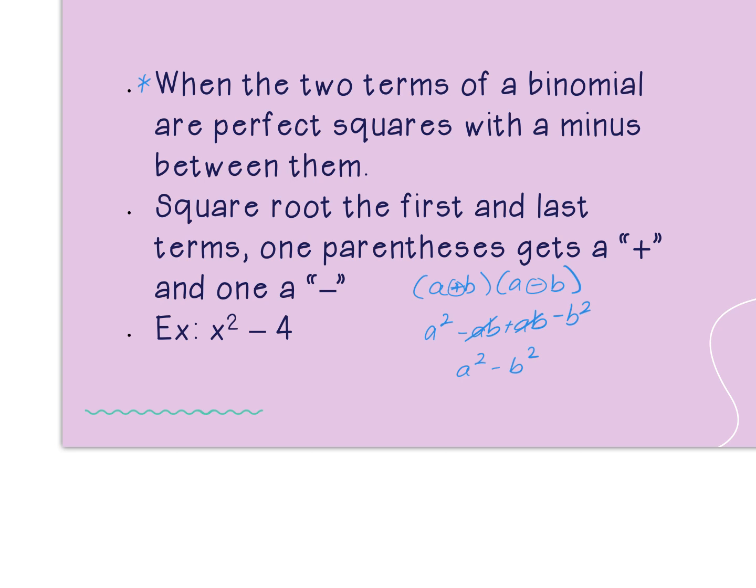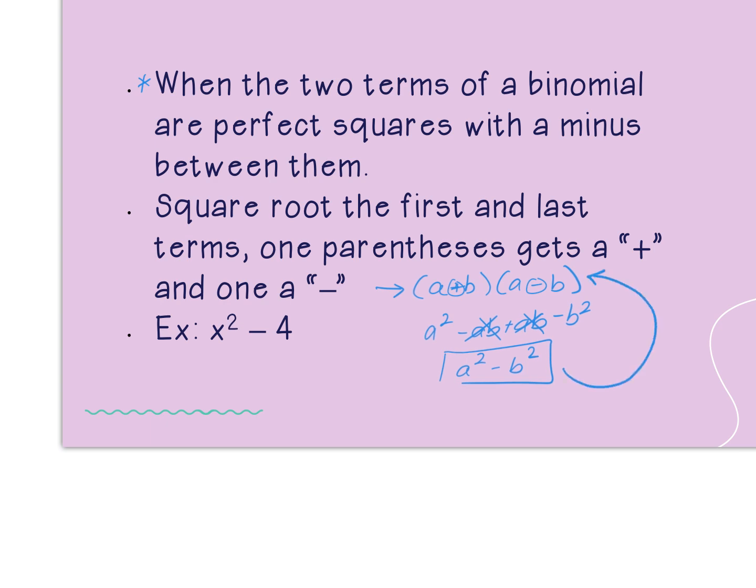So we told you, you can FOIL it, cancel the middles and do the work, or you can memorize that this particular pattern always ends up in a solution that looks like a squared minus b squared. When you're working backwards, when you go with the product and you're trying to get to its factors, this is really important that you remember that.